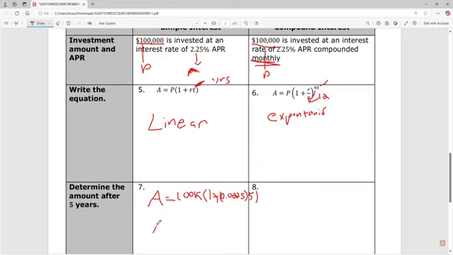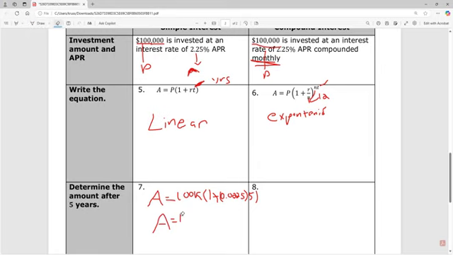Okay, so that's going to be equal to, let's see, 0.0225 times 5 is going to be 0.1125, so it's going to be 100K.